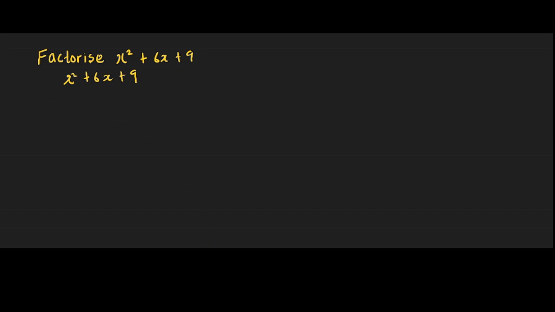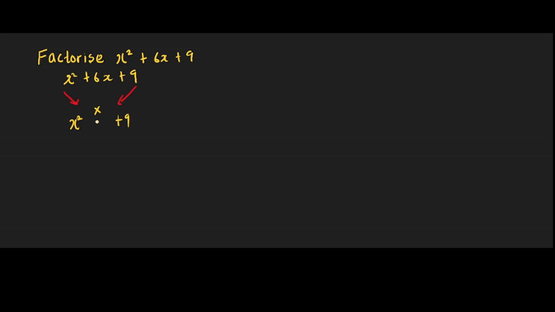To factorize a quadratic expression, we bring out the first term here and bring out the last term here. The first term here is x squared. The last term here is plus 9.